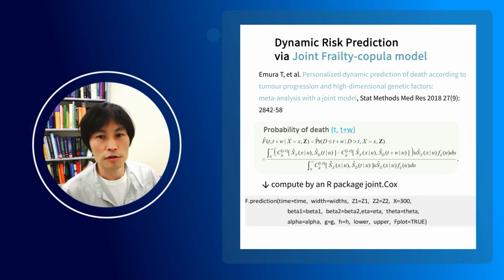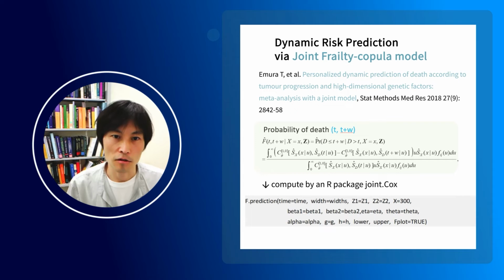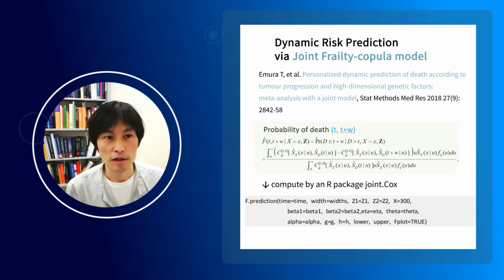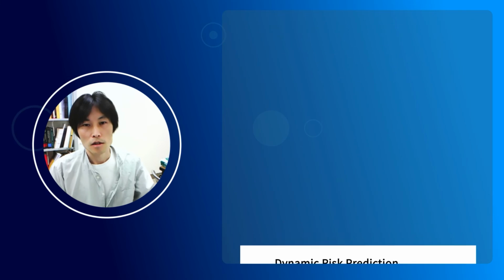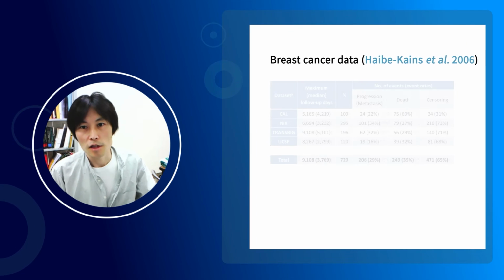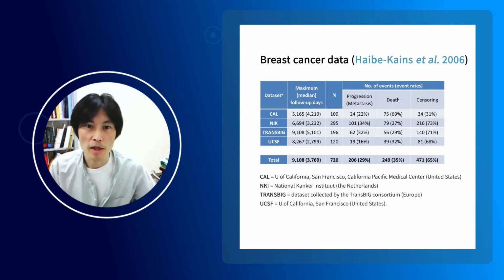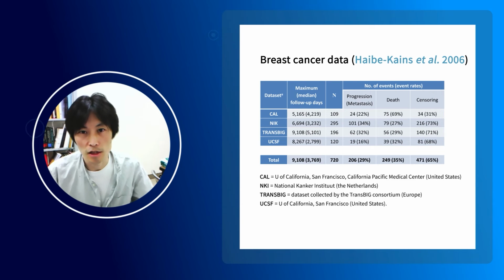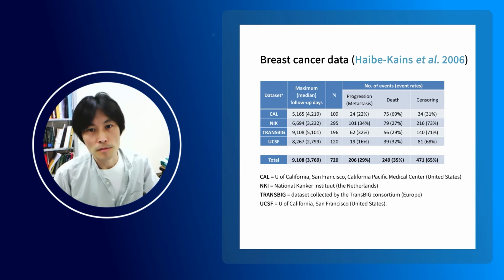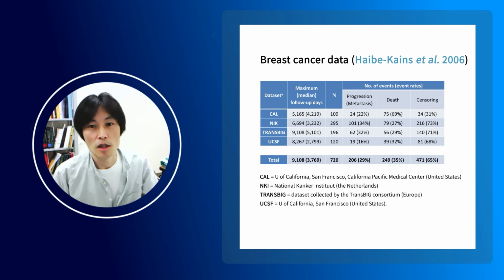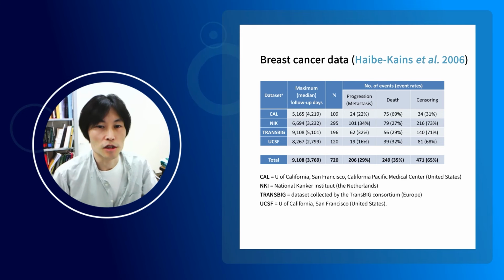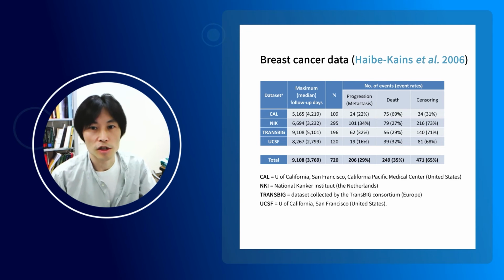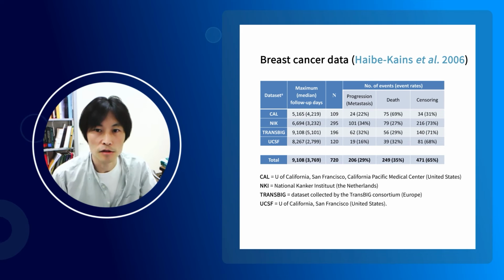However, in order to determine the parameter of the joint frailty-copula model, we need a training data. The training data set that we use is individual patient data from 4 studies. The total number of patients is 720. This table shows the number of patients who experienced tumor progression, death, and censoring.